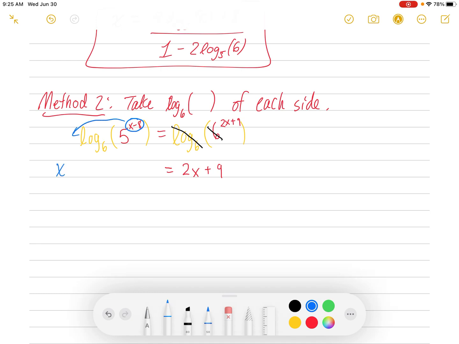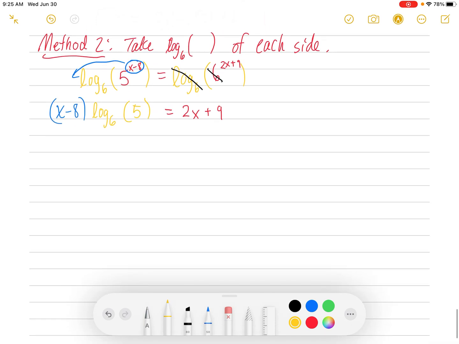So in this instance, on the right side, the log base 6 cancels with the exponential base 6, and you'll have a 2x plus 9 that drops down. On the left side, you're going to take your blue circled exponent of x minus 8 and pull it out front using your properties of logarithmic expansions. So you have x minus 8 times log base 6 of 5 on the left.